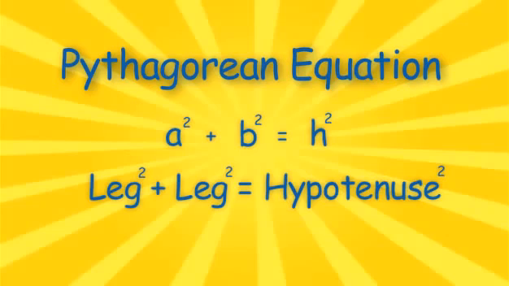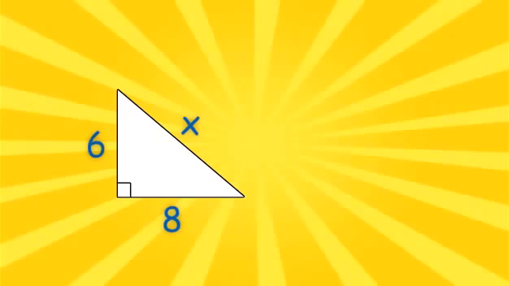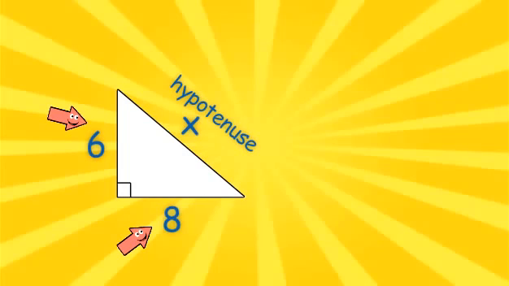Okay, we are ready to do some math. In this example, we must find the value of x. Let's start by identifying the sides of the right triangle. The hypotenuse can be located across the 90-degree angle. In this example, x is the hypotenuse. These two sides form the letter L, so these sides must be the legs.